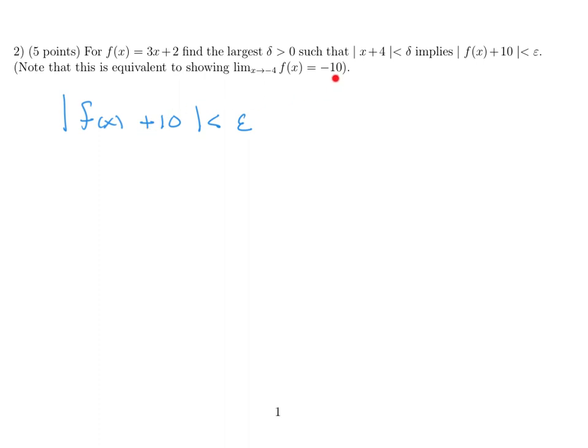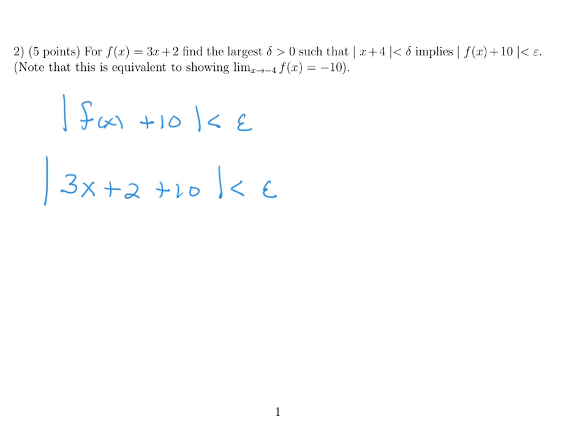The reason for this is the limit is -10, and f of x minus a minus 10 is the same thing as plus 10. You can also think about this as if you were to put -10 in place of f of x, this would simplify to 0. Anyways, my first step is going to be to replace f of x with its function, which is 3x plus 2.